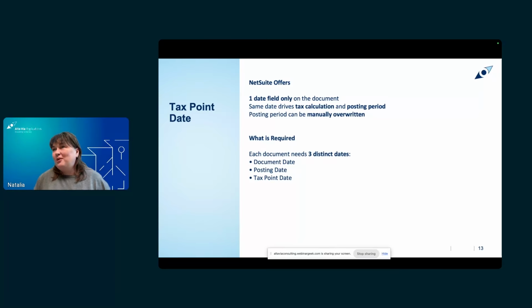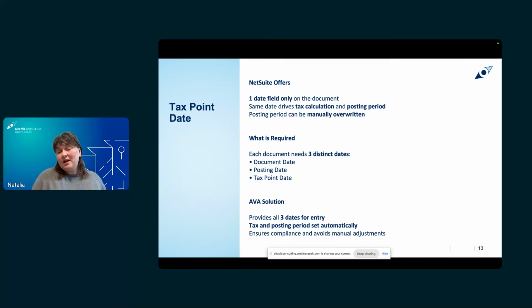What is normally required? Usually accountants want to have a separate date for the tax period, a separate date for the accounting period, and a separate date probably for the document date, right? That's always a topic of discussion because everybody wants to use additional dates on the document. And what we're doing is giving you this opportunity.